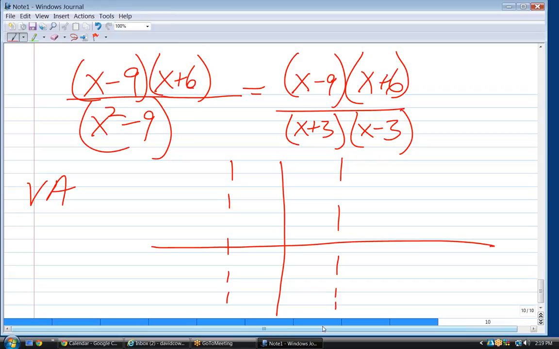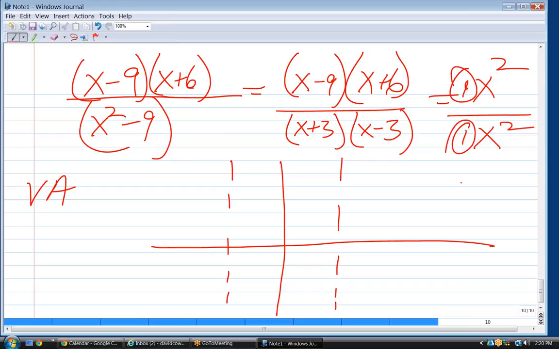Very good. It's the ratio of the coefficients of the leading terms. This leading term is x squared. This leading term is x squared. That coefficient is 1, that coefficient is 1. The ratio is 1. So we have a horizontal asymptote right there.